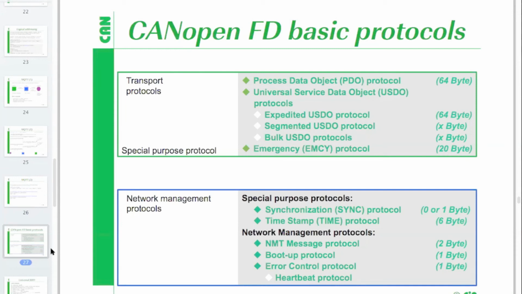Due to its certain capabilities, such as 8 times bigger payload, 64 bytes, we certainly have much faster data exchange on the embedded level, which may cause, besides migration between the two, for embedded CAN-based IoT, some new opportunities for a CANopen FD-based IoT protocol.